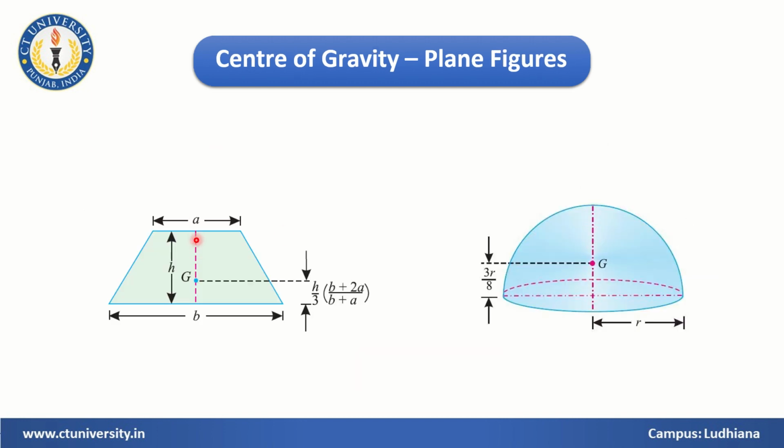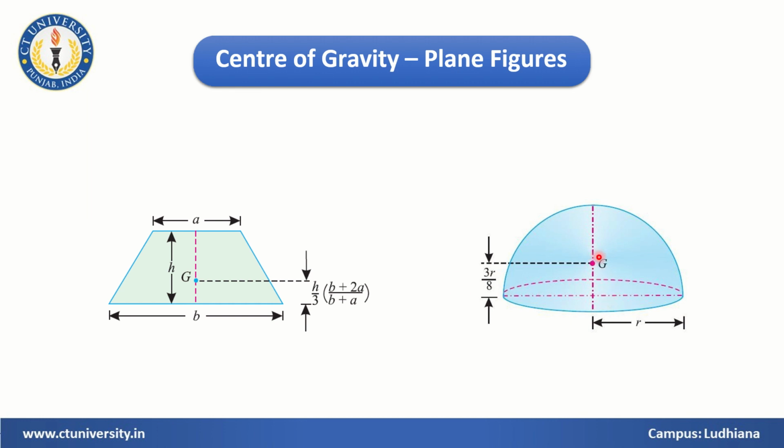So we have a few more figures, like the trapezium. The location of the center of gravity of a trapezium will be h by 3, (b plus 2a) upon (b plus a). So here this trapezium will have its center of gravity. For a hemisphere, this will be 3r upon 8 from the base. This will be the base, and the height of the CG point will be 3r upon 8.